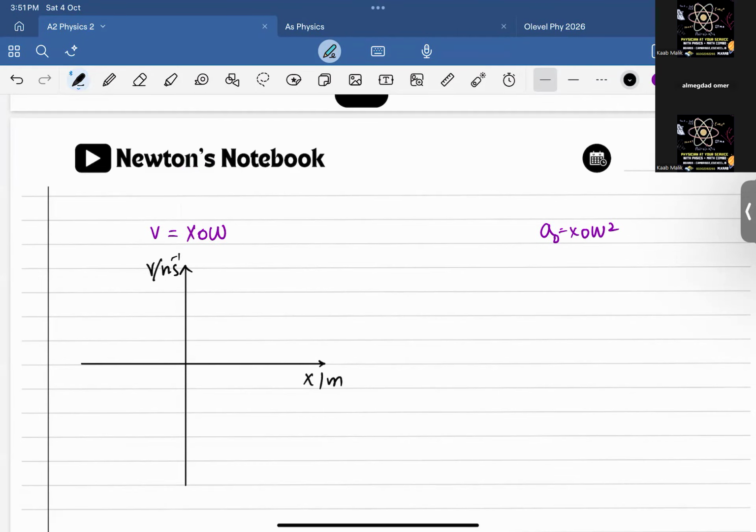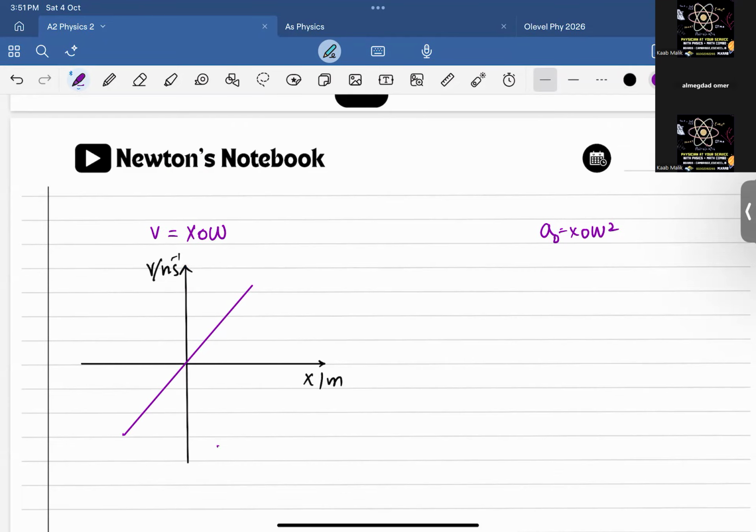Actually, in this case x naught omega is basically constant. It is directly proportional, velocity and amplitude. So if you try to draw the graph, the graph would look like this. Clear? Perfect.